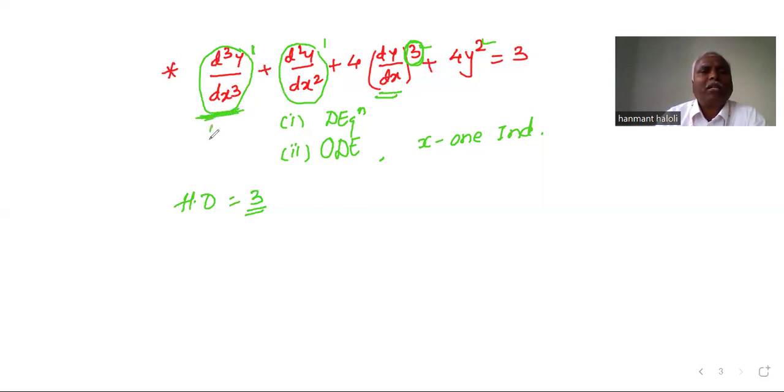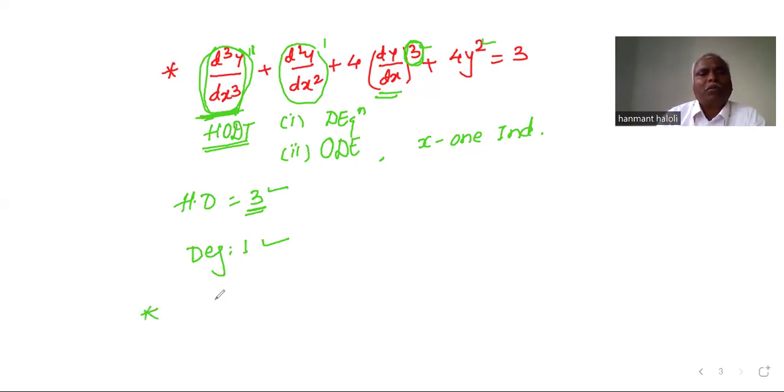This is the highest ordered derivative term, and our job is to check its index, its power. The power of this whole term is 1. Therefore for this equation, order is 3, degree is 1. This is how to identify degree and order.